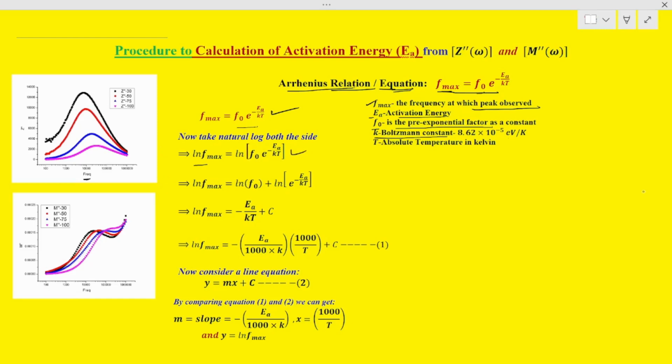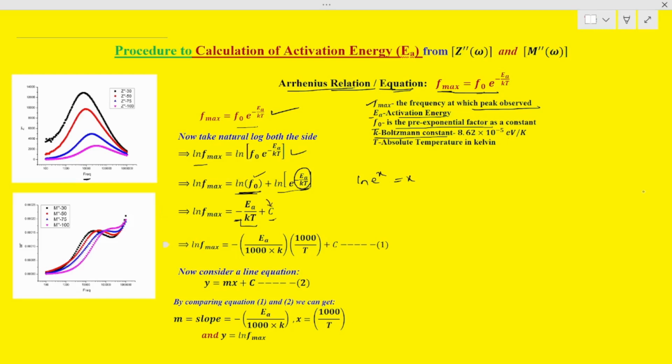Ln F max equals ln F0 plus ln e to the power minus EA by KT, since ln of A into B is ln A plus ln B. Here the log of exponent to the power x is nothing but x, that we know, right? So the value will be minus EA by KT only, and ln F naught I wrote as C, because F naught is a constant, so ln F naught is another constant.